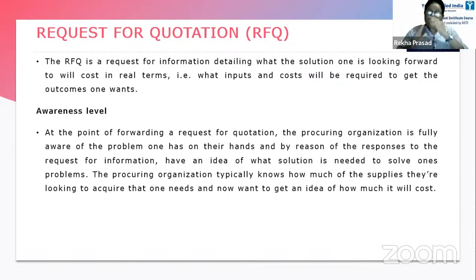Should they compromise on the quality, or go only for the lowest cost, or even at a higher cost, if you're getting better quality, will you go for it? That has to be decided before taking any decision.